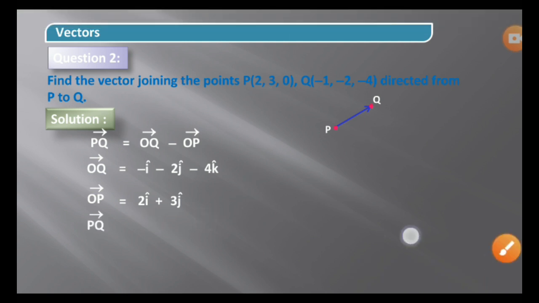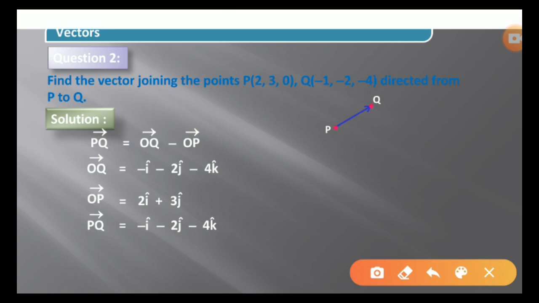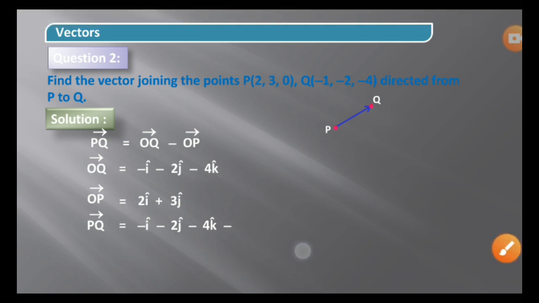Now the vector PQ will be taken as minus i minus 2j minus 4k, and after multiplying that minus sign to this OP vector, we will have minus 2i minus 3j.